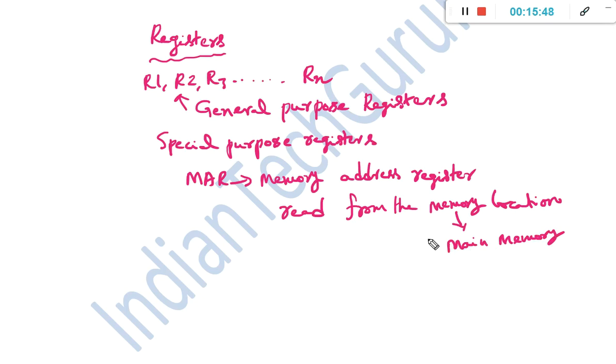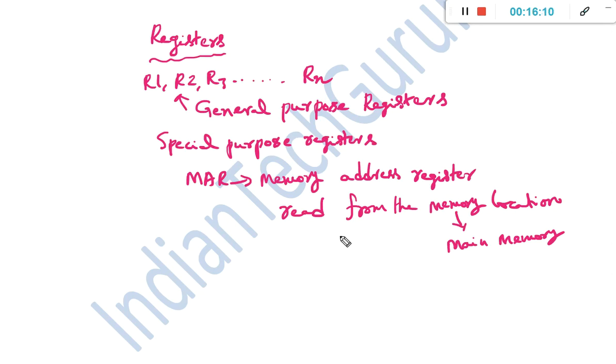Similarly, if you want to specify hard disk memory, then you have to say hard disk memory or secondary memory. Hard disk memory is called secondary memory. Otherwise, if you simply say memory, what does it mean? It is going to designate the main memory, that is the memory contained in RAM.